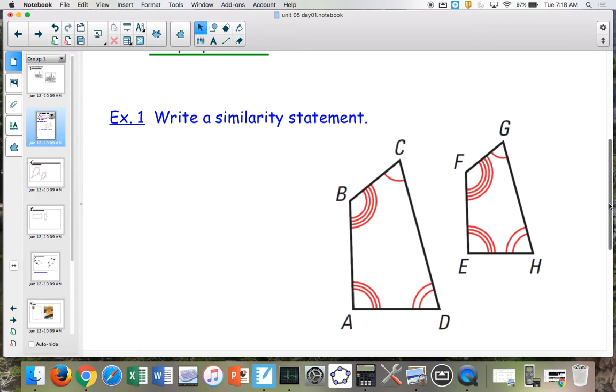Here's two figures that look like they're the same shape, although obviously not the same size. Looking at the angles, we can see that angle B matches up with angle F. Those are congruent.